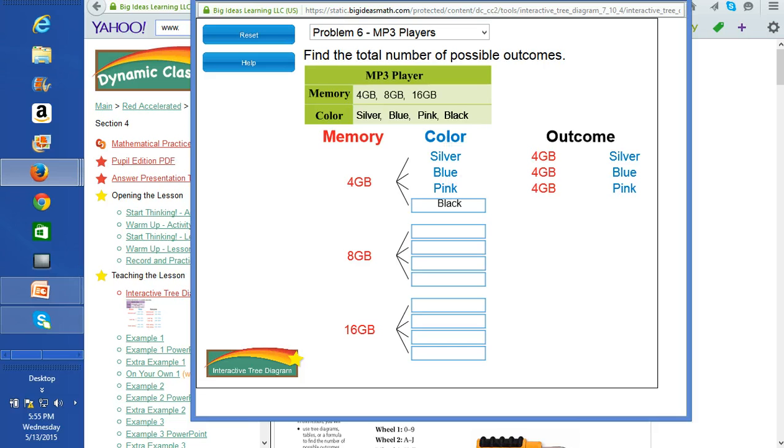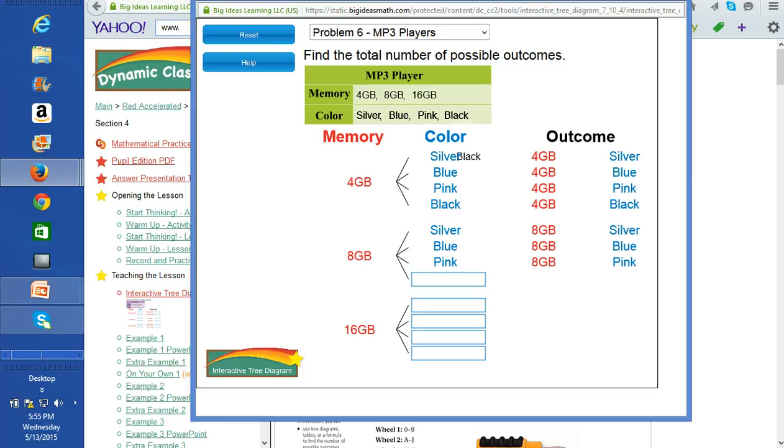I could have an 8 gig with the same color combinations. And I could do the same thing with a 16 gig. And then I get my choices.